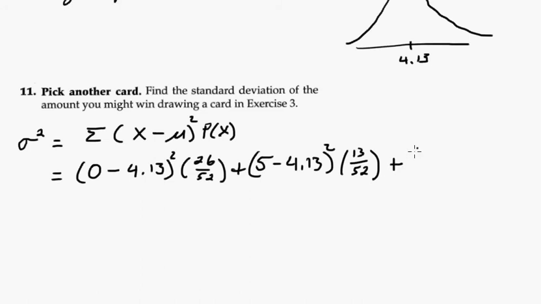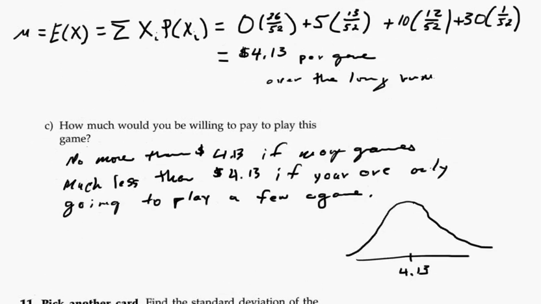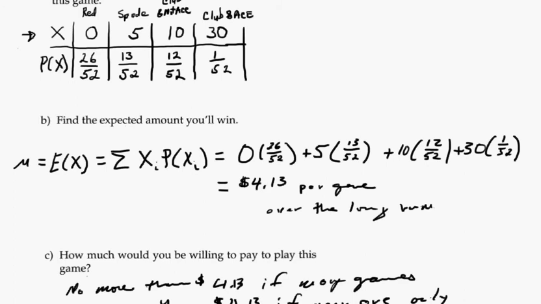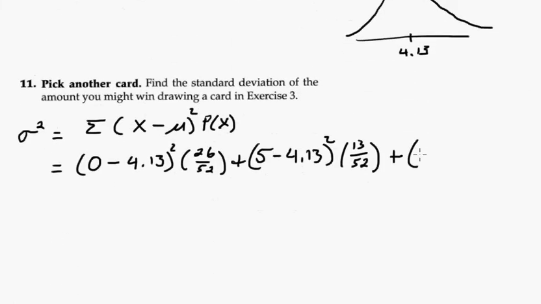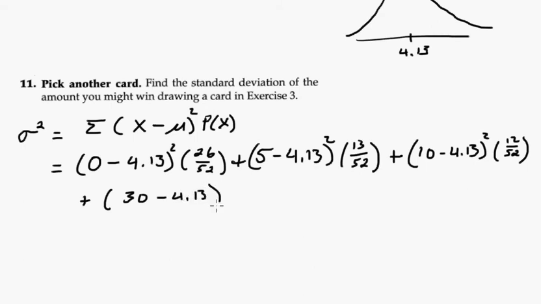Plus the $10: 10 minus 4.13 squared times 12 out of 52. And then finally, plus $30 minus 4.13. This is the biggest difference. Square that, but when we multiply it times a small number, it's not going to have as large an effect.